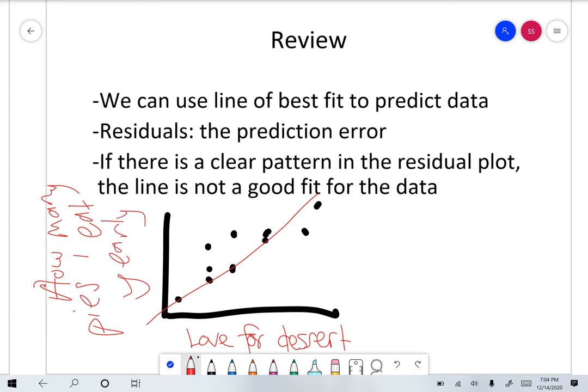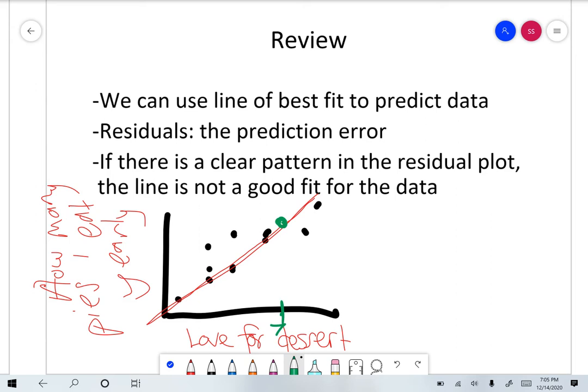I still lost the pen that I usually write with, which is why the handwriting is not fantastic today. Basically, we can calculate this line of best fit and use it to predict data. If my love for dessert is a 7 on a scale of 1 to 10, I can predict how many pies I eat yearly based on how much I love dessert.